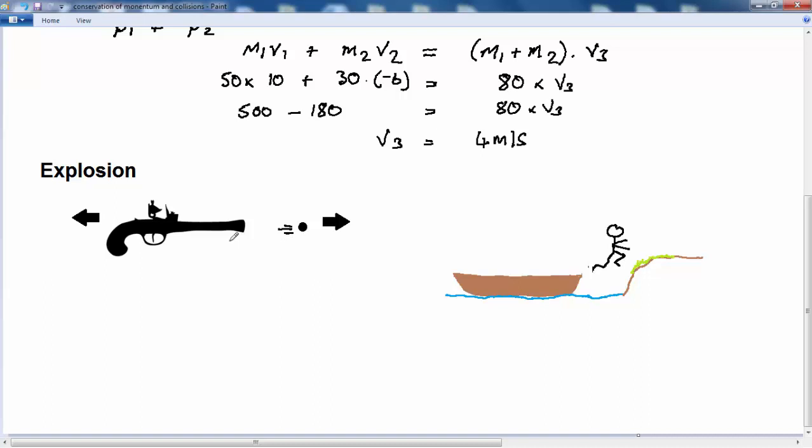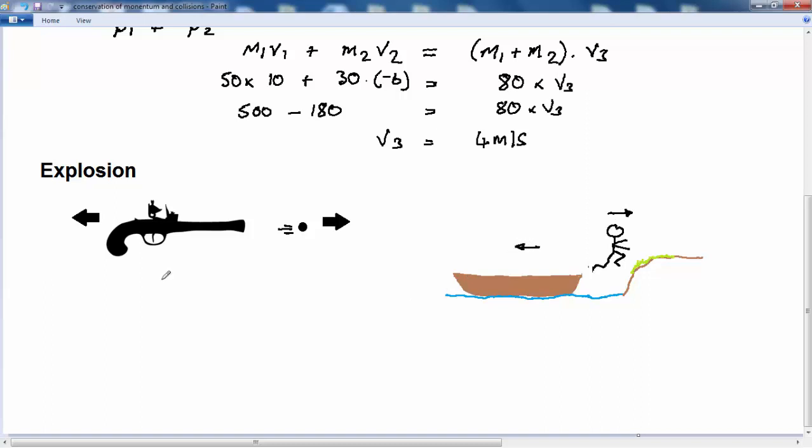That could be a cannon, it could be many different types of explosive situations. For example, somebody jumping off of a boat is exactly the same problem. The person jumps this way, moving in that direction, and the boat recoils and moves in the opposite direction.